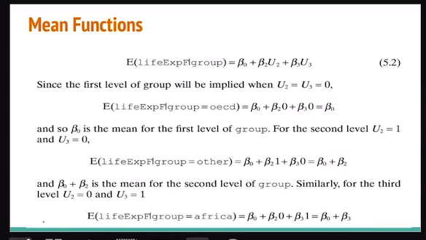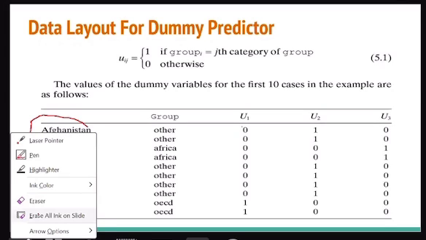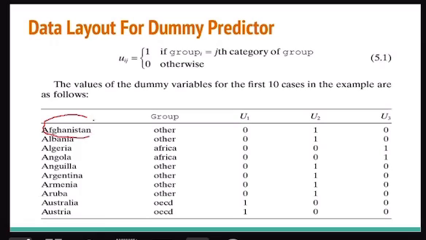Now, how are you going to do the labeling? You asked a question the other time. You can do the labeling yourself. Look at this. Where you see 0, you can say U1, U2, U3. If you look at a country like Afghanistan, let's talk about Afghanistan for instance.